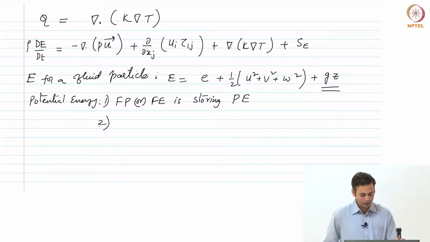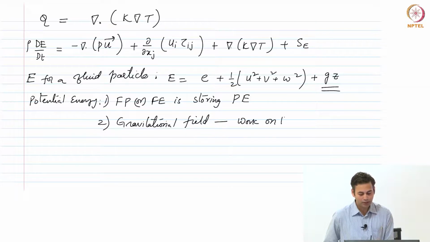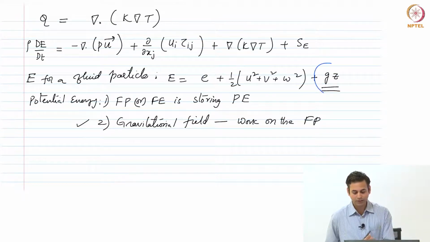The other way is to look at it in terms of some work being done on the fluid particle by the gravitational field, okay. So we would like to take this approach, in which case we don't have to write the potential energy term explicitly here.